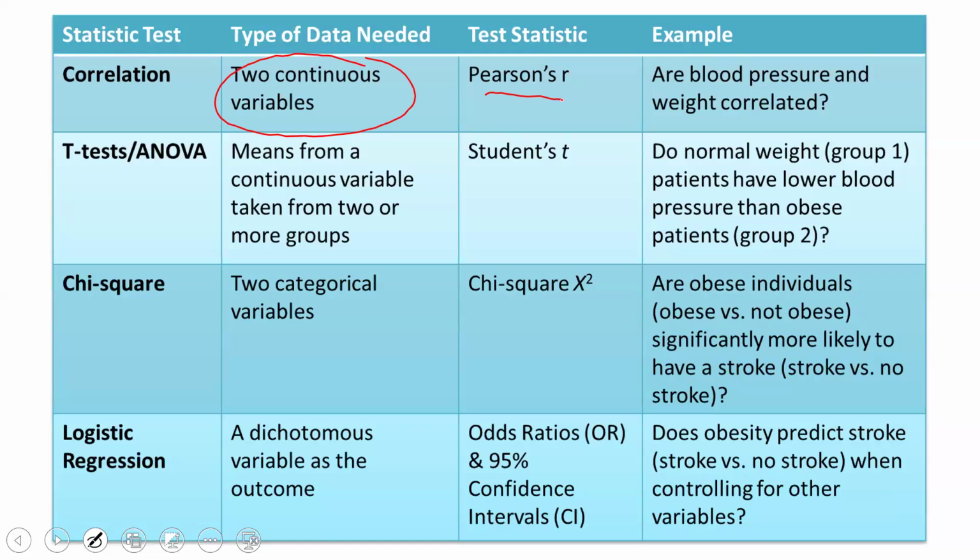Do normal weight, group 1, that's the normal weight, that's group 1. You are checking the weight in group 1 and that of group 2 to see if there is a change in blood pressure. So because this one is group 1 and group 2, you are going to be using an independent sample t-test. Like I said, you use a paired sample only in one group, before and after.